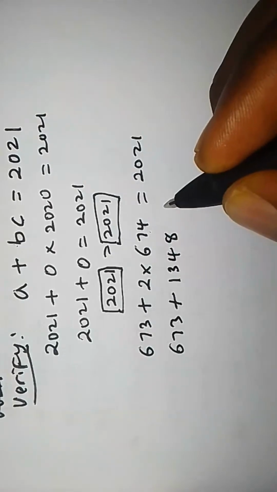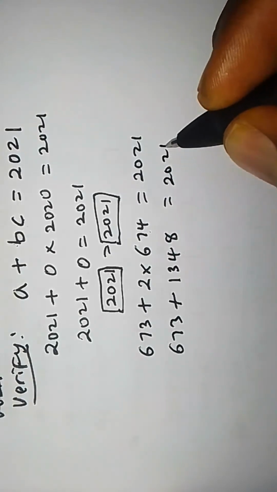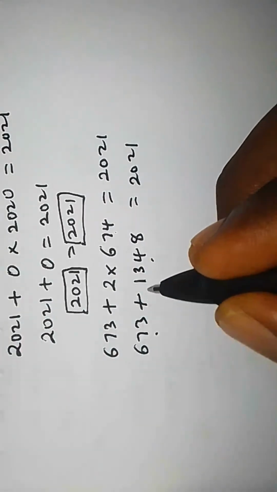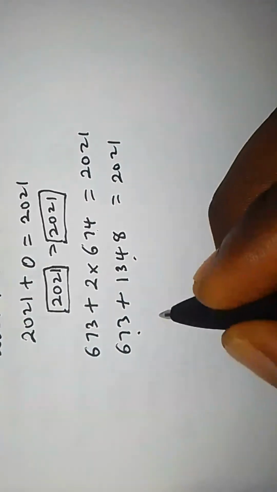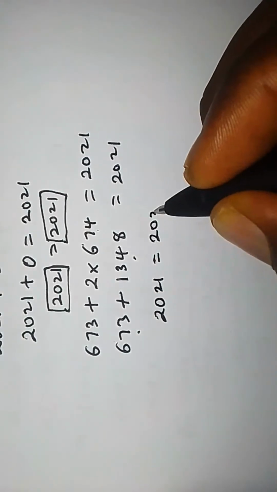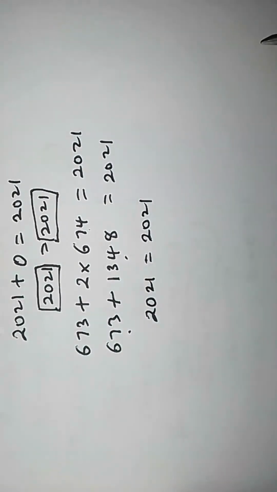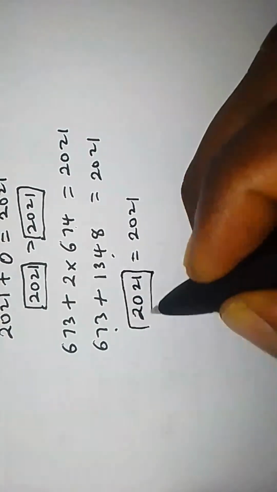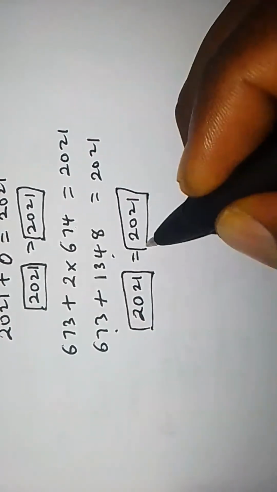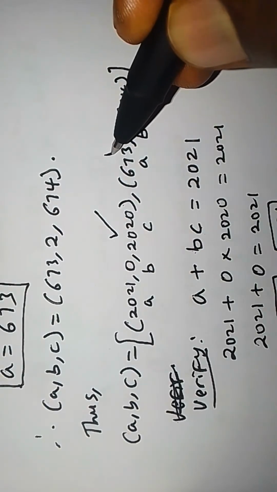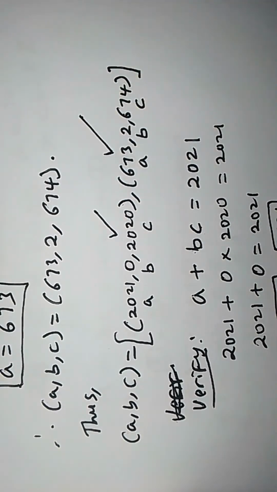Adding this together, 673 plus 1348 gives 2021, equal to 2021. You can confirm this using your calculator. You will see that the left hand side here is the same thing as the right hand side also. That means indeed the second solution, the second answer, is also correct.